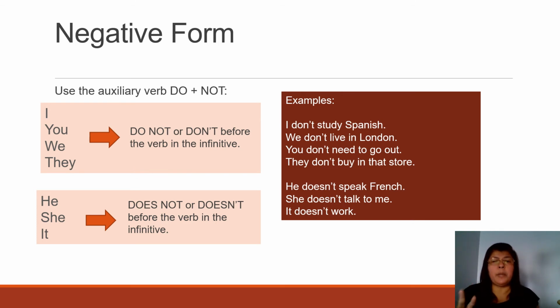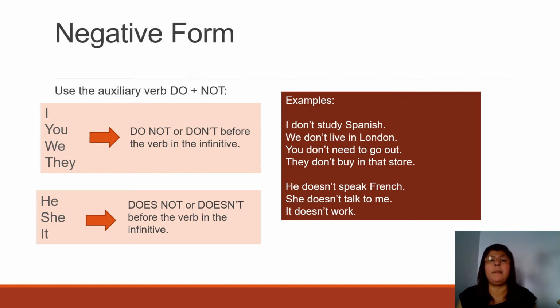In the third person singular, he, she, or it, it's going to change. We have does not. The auxiliary verb will receive the third person ending es, okay, because it ends in o, takes the es, and the verb goes in the infinitive form. So we say does not, or the contracted form doesn't, plus the verb in the infinitive form.